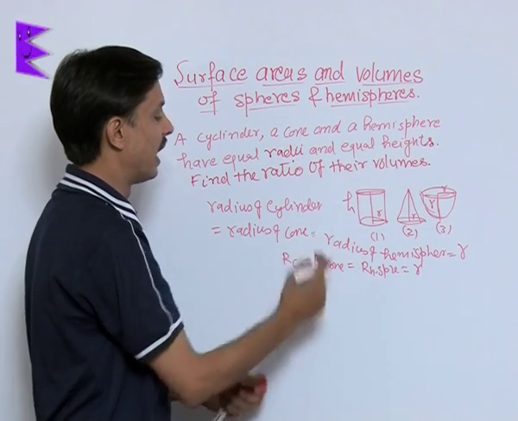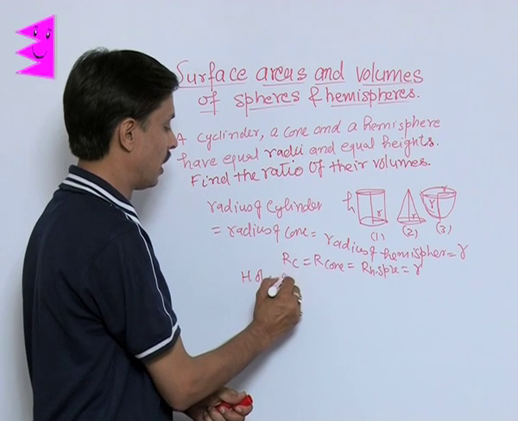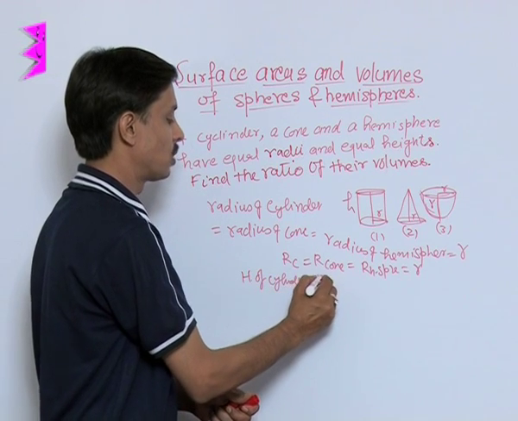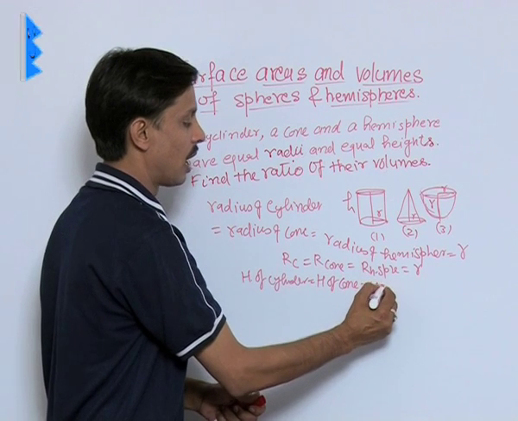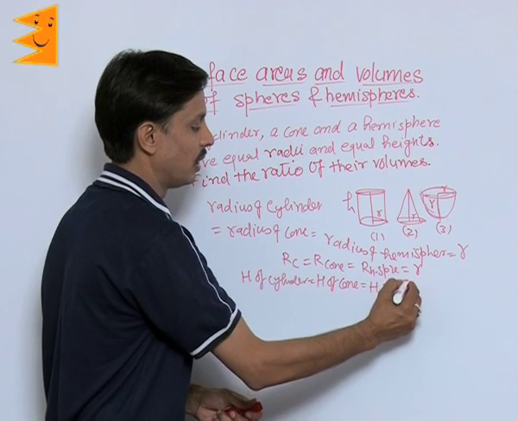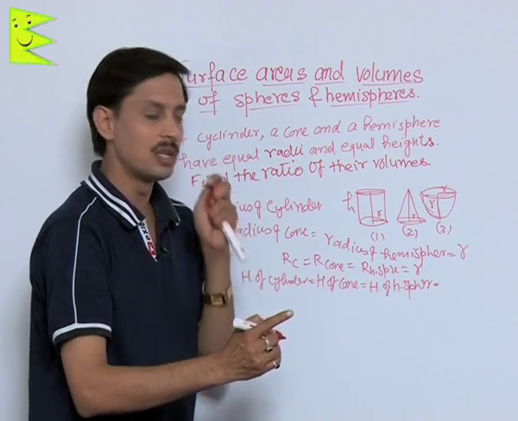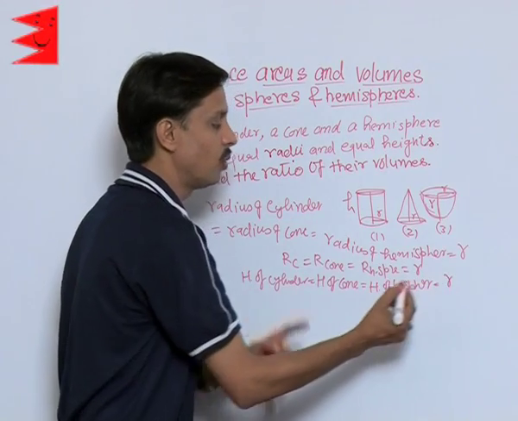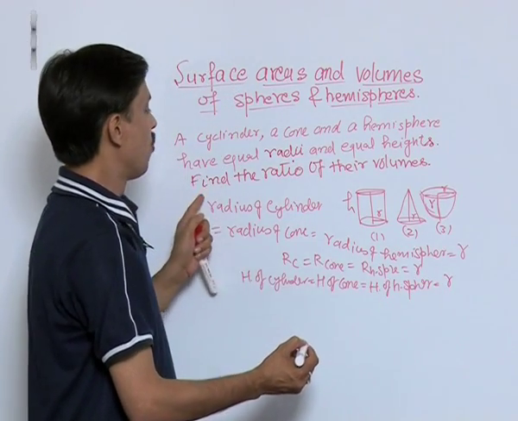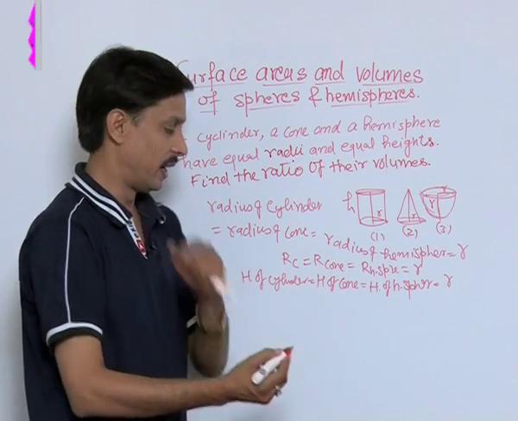And equal heights, that is, height of cylinder is equal to height of cone is equal to height of hemisphere. But you know the height of the hemisphere is the same as the radius, so it is also equal to r. Find the ratio of their volumes. First is the cylinder.